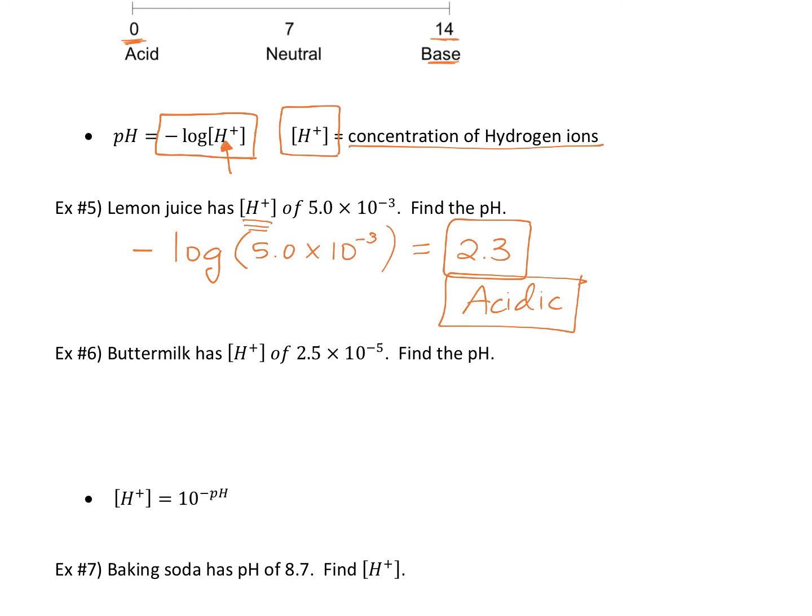Buttermilk has a concentration of hydrogen ions of 2.5 times 10 to the negative fifth. What would you expect this to be, acidic or basic? Basic. I would call this a base. Plug it in and tell me what you get.